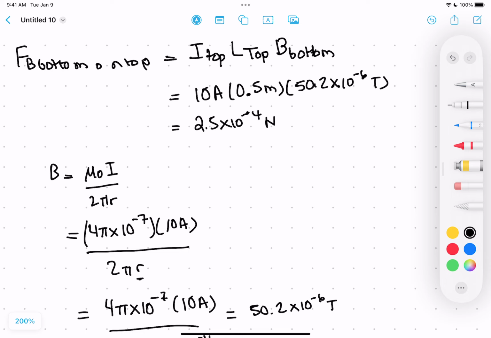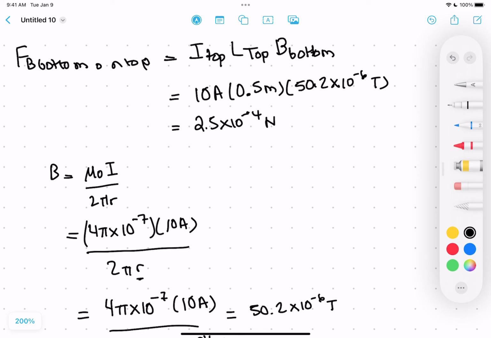Now, if I'm looking at this bottom wire, once again, the bottom wire is going to be generating that magnetic field, and the top wire is going to be feeling that magnetic field. So when we calculate the magnetic force, like I said, we want to be looking at what the bottom one generates, and that's what the top one feels. So the force is always what it feels, right? Force F feels F, right? And so for practice, have your thumb in the direction of the current for that bottom wire.